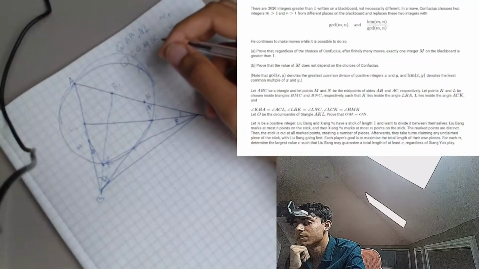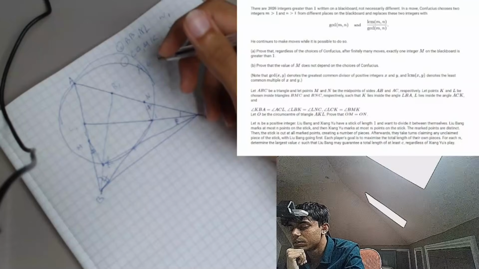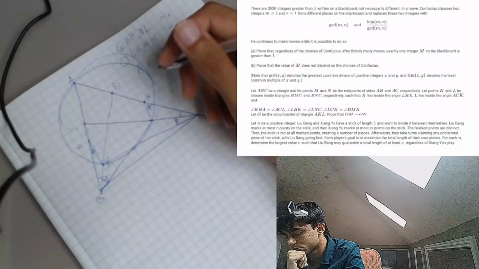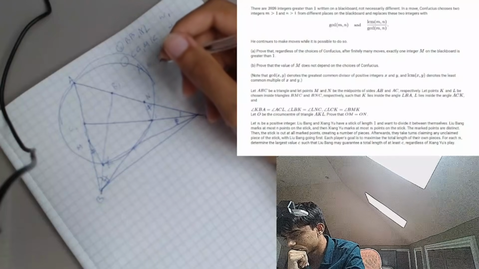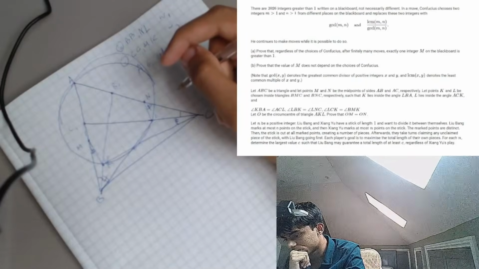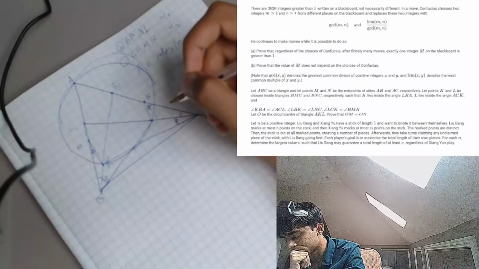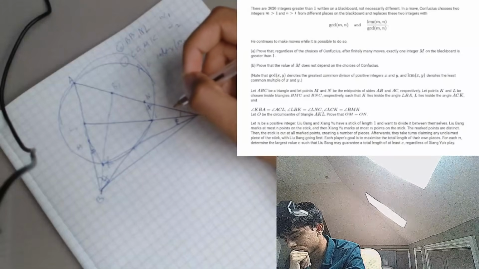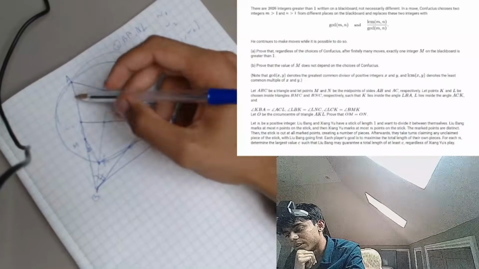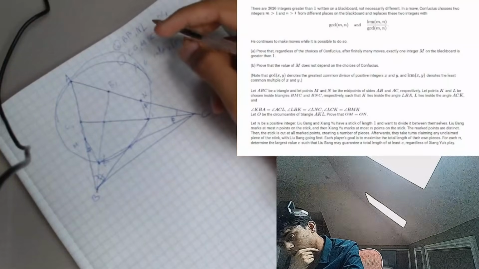Maybe it does, maybe it doesn't. Are these three collinear? Another thing that could be true.